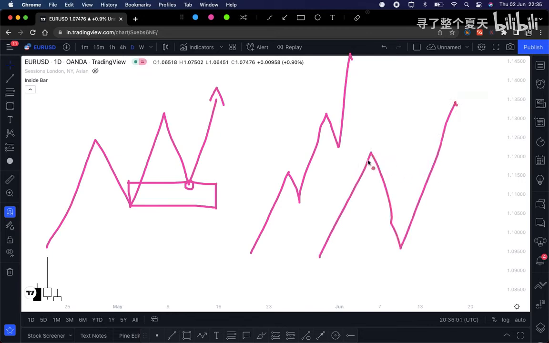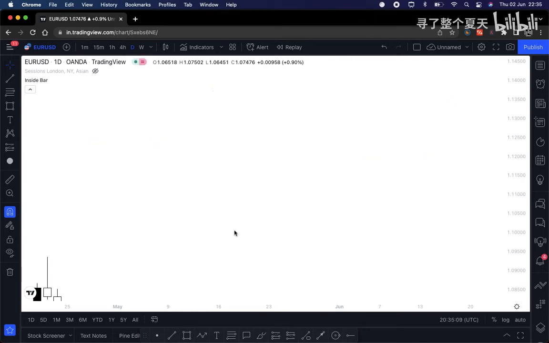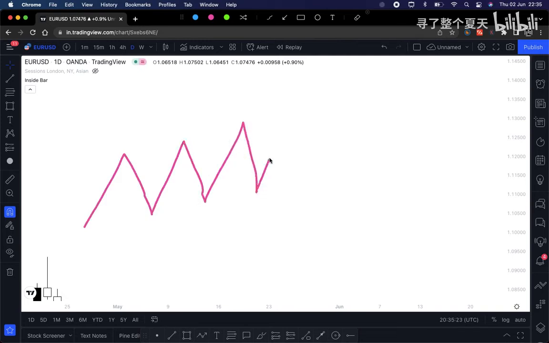Normally, we get these significant pullbacks when price is about to retrace. When price is about to retrace, you'll find that you have multiple mitigations. Price pushes up, pulls back, comes back, mitigation, and then eventually you'll see a huge drop.